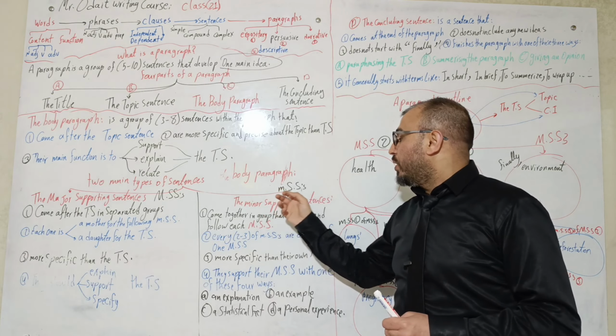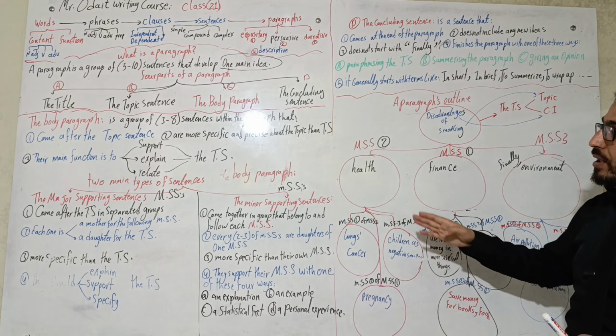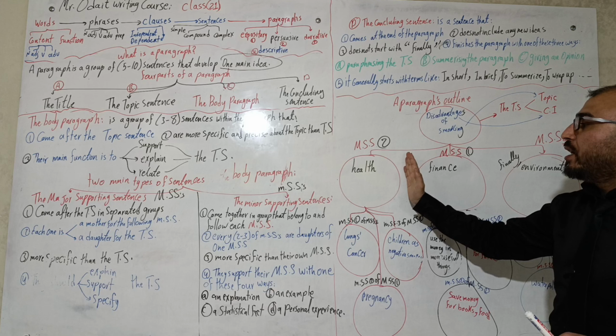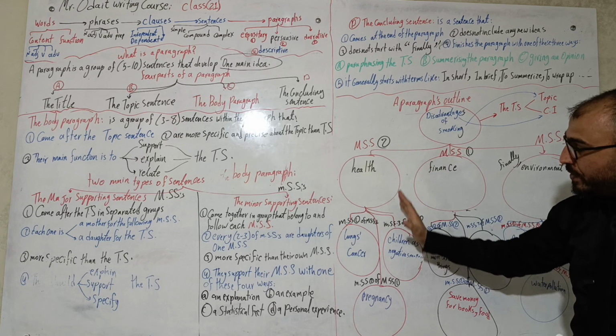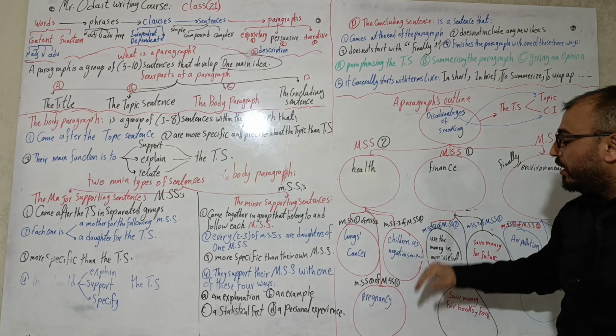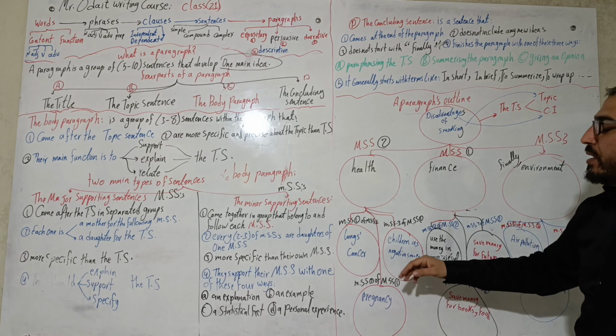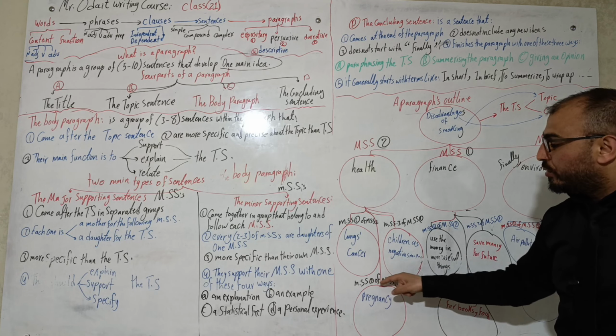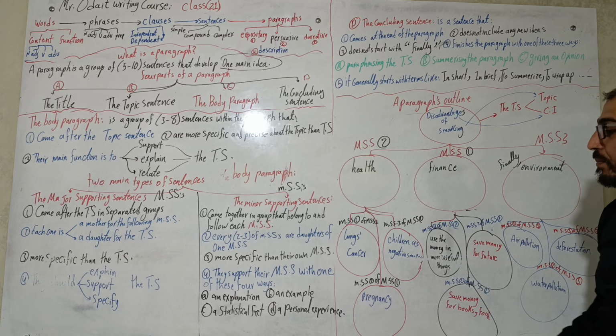Then we talked about the minor supporting sentences, and we said that the major supporting sentences come in separated groups. Each major supporting sentence is the mother of its own group, while the minor supporting sentences make one group for the same major supporting sentence.